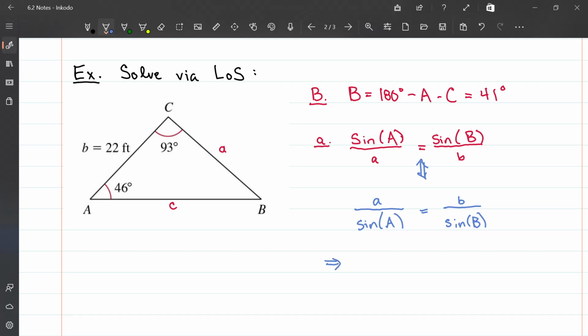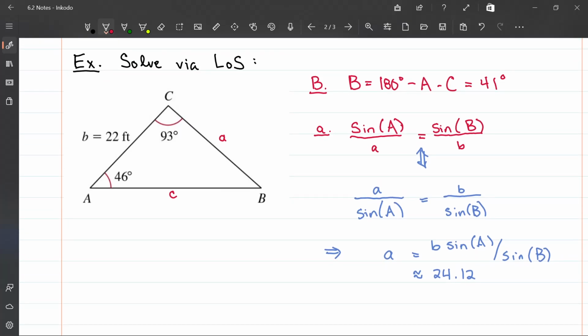I'm going to try to conserve some vertical space here, so we'll have A equals, looks like it'll be B sine big A divided by sine big B. And then, if we want to get our answer approximately, it will be approximately 24.12. Okie dokie. That leaves only little c to be solved.